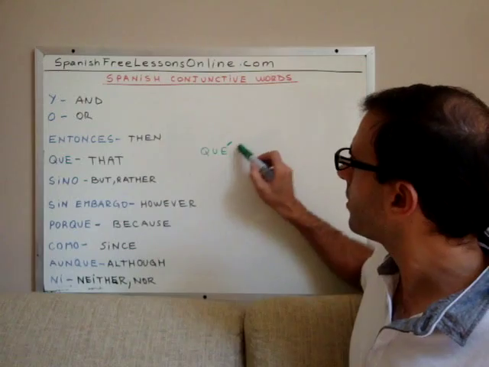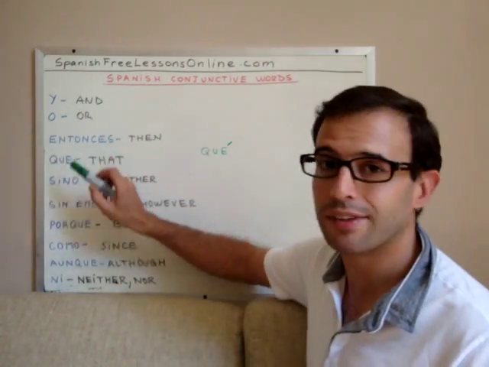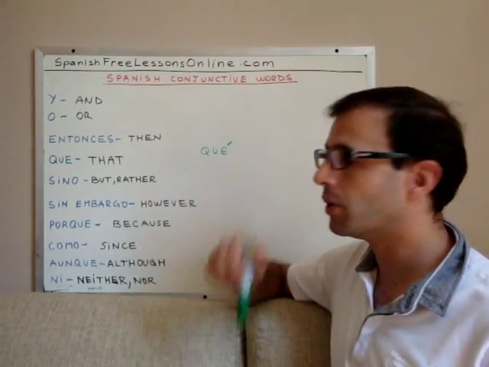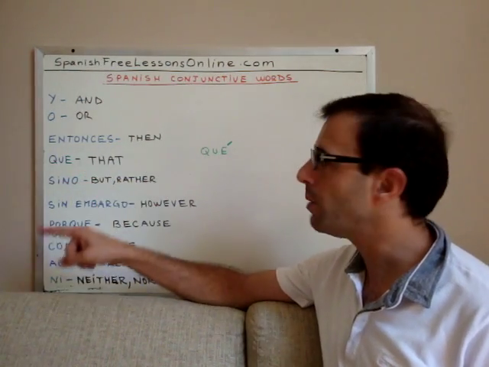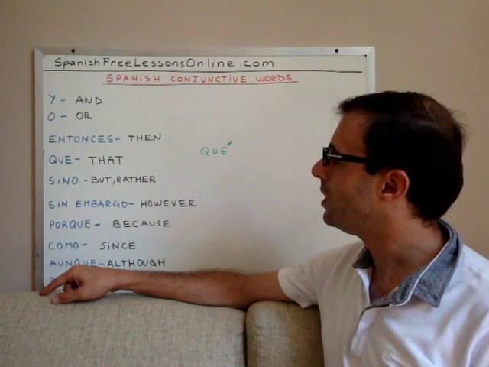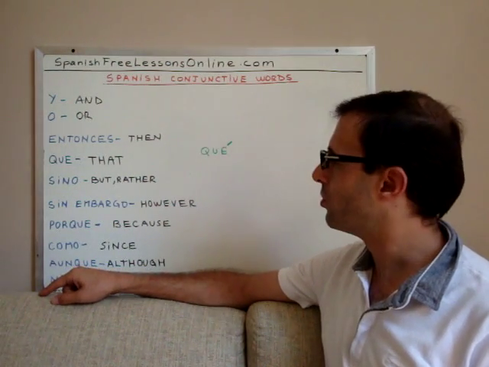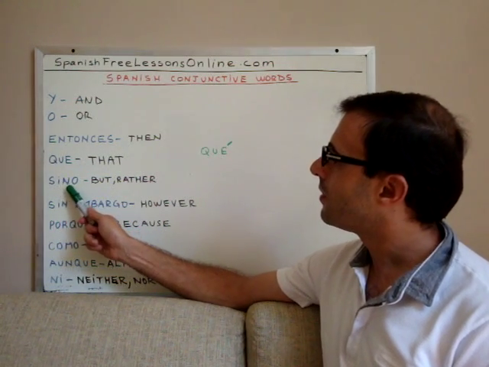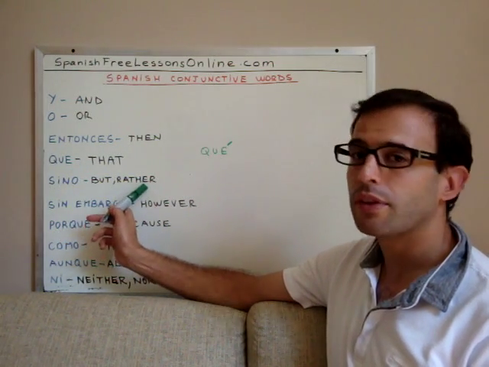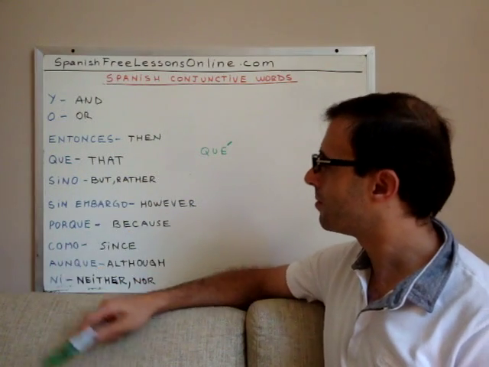This means what, this means that. Not that, because when you specify an object, that would be eso or aquello, right? Another is sino, which would be rather than or but.